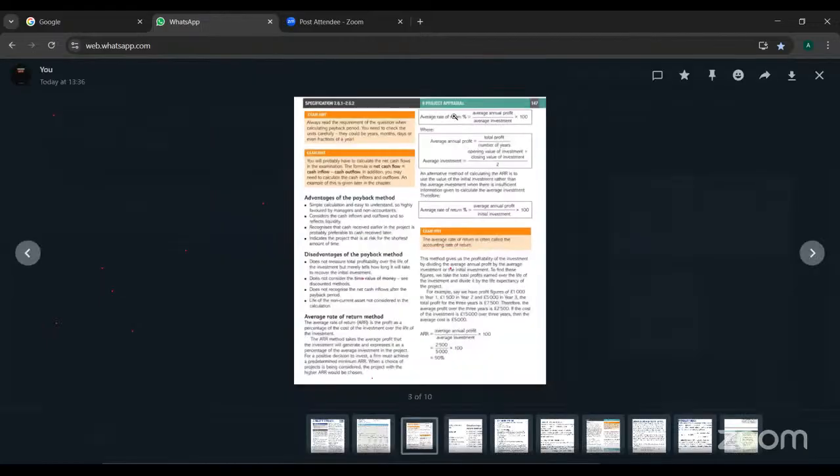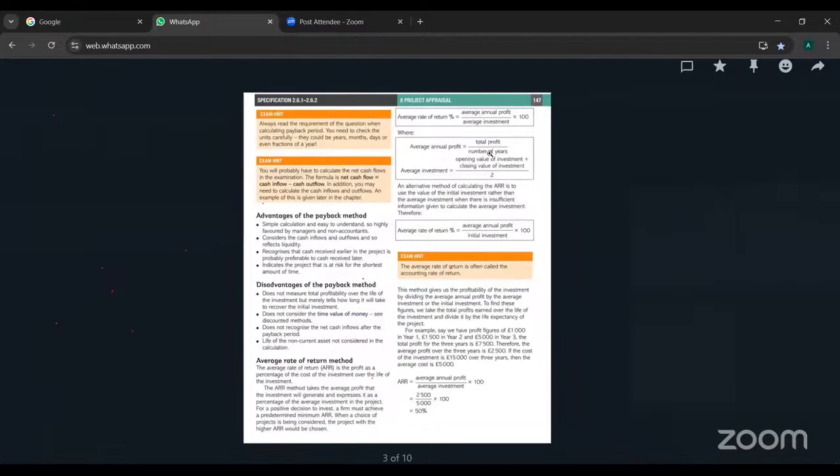First, you have average annual profit. In the question, they will give the profit for year one, year two, three, four, five. So let's say year 1 to 5, they gave profit. You have to add all the profit from year 1 to year 5 and put it under average annual profit.